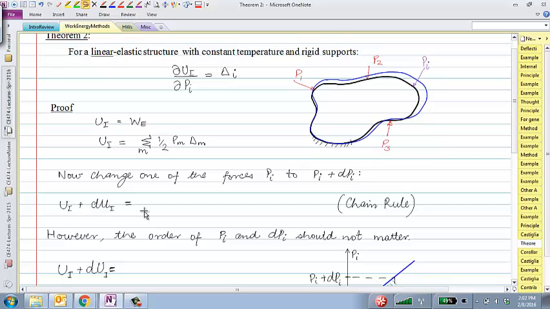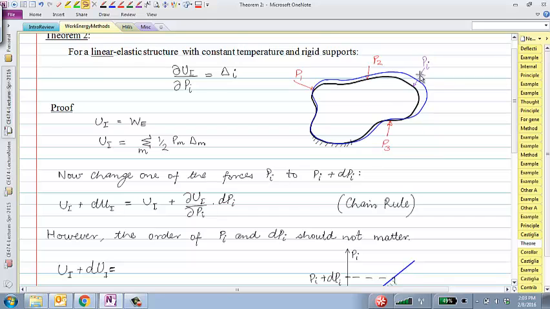I can use the chain rule to write an expression for this: Ui plus partial Ui partial Pi times dPi, because that's the changing force that I'm applying. Hopefully you all see that this is nothing but the chain rule. Ui is a function of all of these external loads.